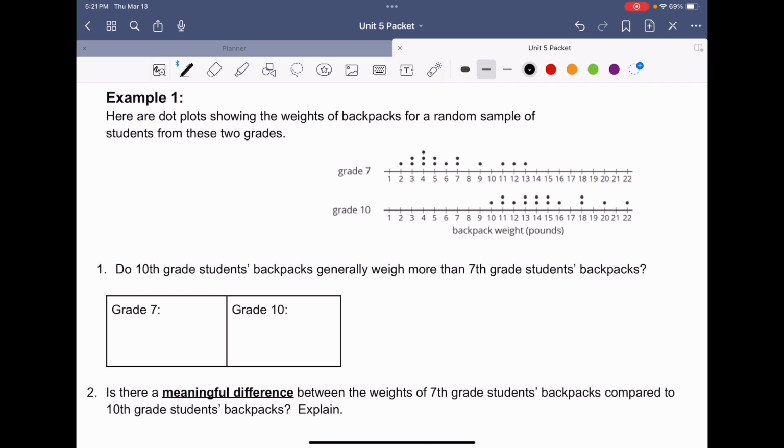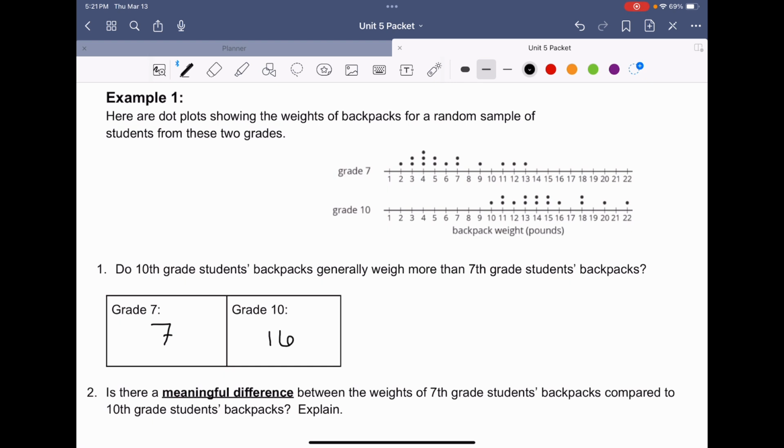Remember in the last lesson, we talked about putting our pointer fingers at either end of the data and slowly bringing them both to where they might meet in the middle. For grade 7, I would say they meet around 7. For grade 10, we do the same thing, bring them to about the middle of the data. We're going to say around 16 pounds.